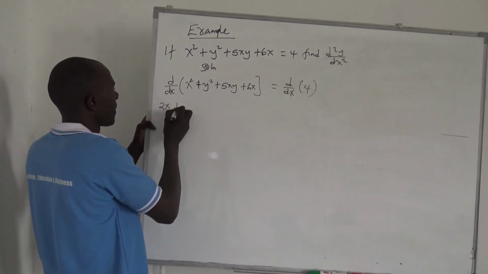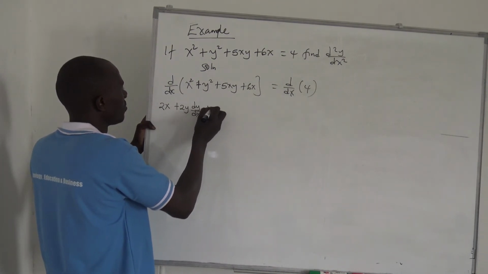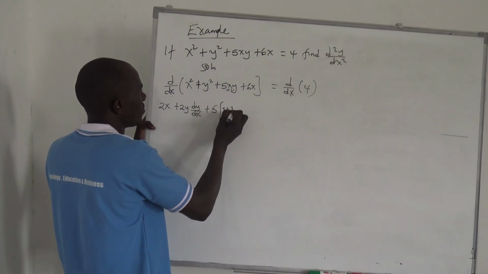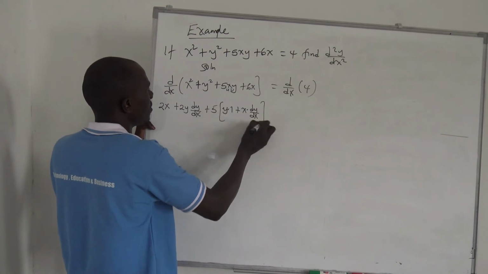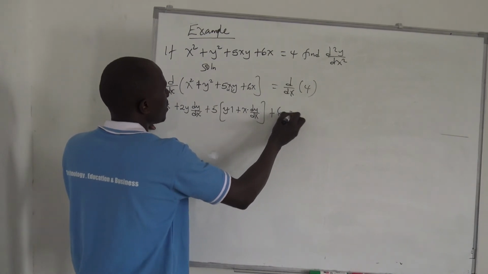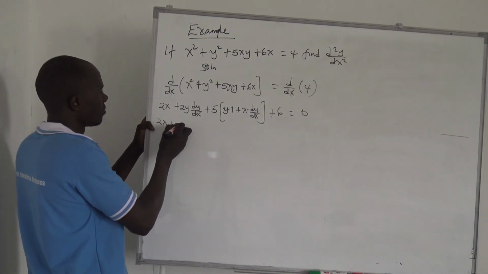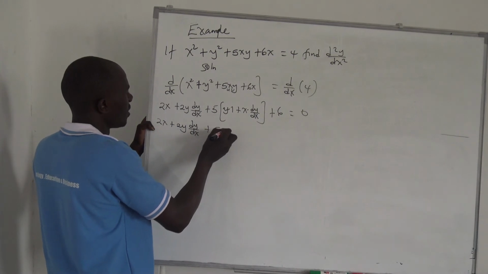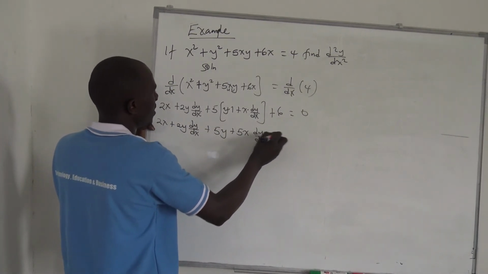We get 2x plus 2y dy/dx plus 5, and we apply our product rule. What is our v? y times that plus x times dy/dx, very good, plus 6 equals 0. We open the brackets, we get 2x plus 2y dy/dx plus 5y plus 5x dy/dx plus 6 equals 0.